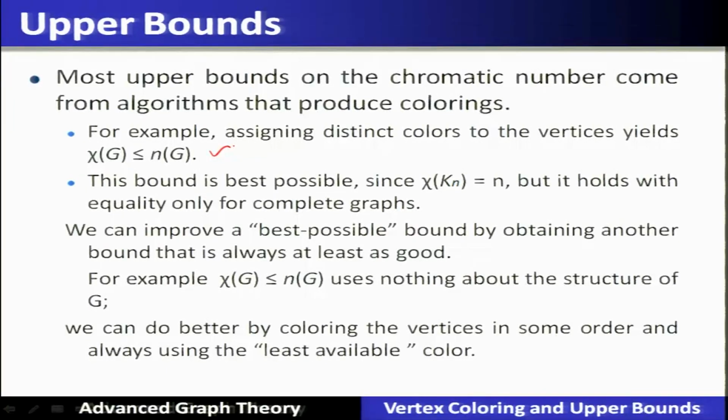Ng, in the sense that if we are given a graph, let us say that this particular graph here is K3, then you require how many different colors? That is nothing but the number of the vertices. But if the graph is not complete, then what will happen? Then this is not equal to Ng, but it is less than Ng.